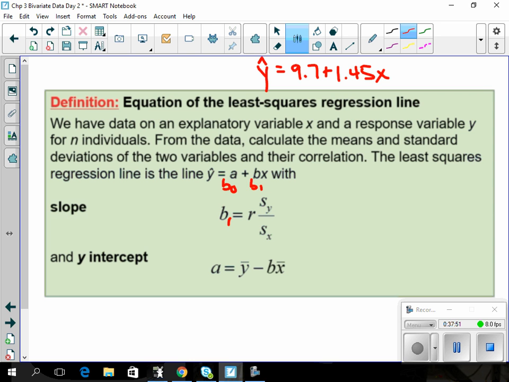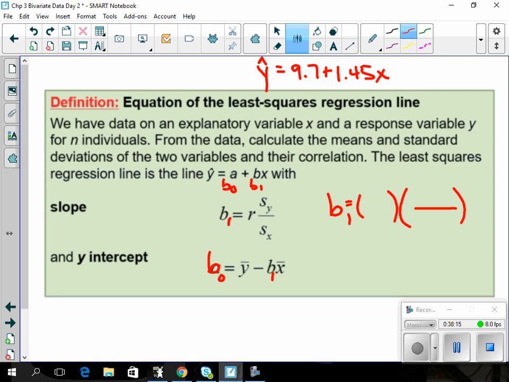So we have b1 and b naught because this is with our formula sheet. We need to find these by hand. So we need to find the correlation, and then what's Sy over Sx? The standard deviation of y over the standard deviation of x. We also need to find the mean of x and the mean of y.